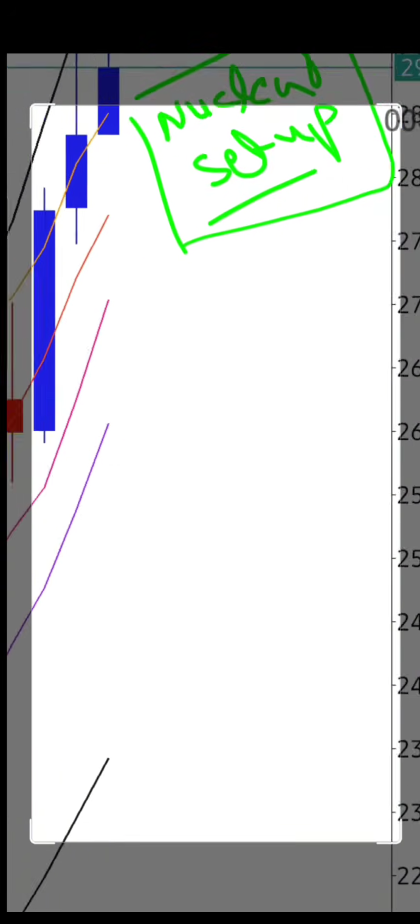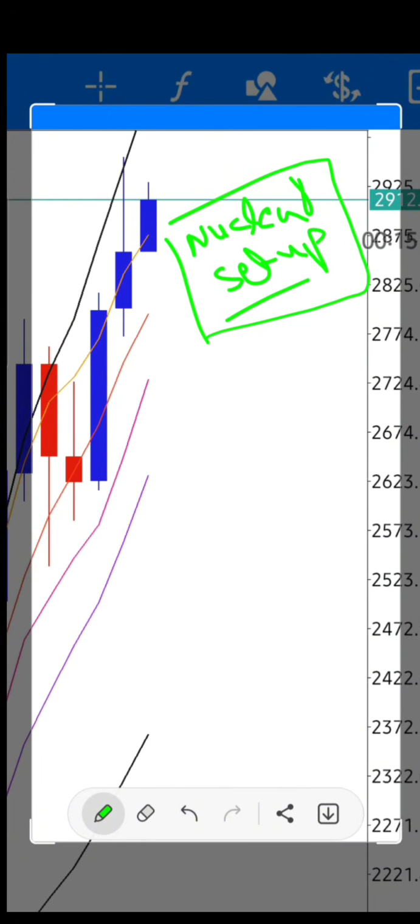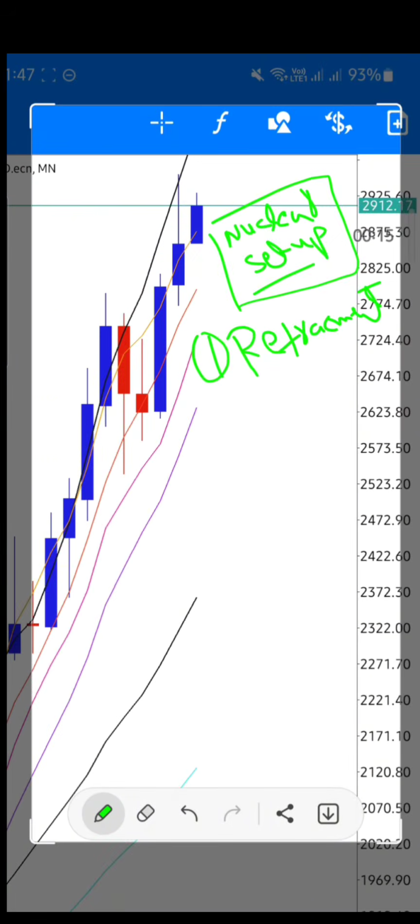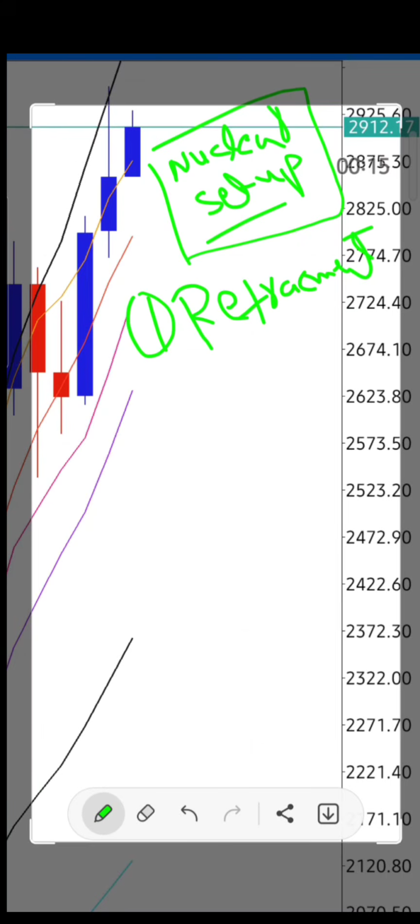Okay, so for the nuclear setup you have to keep in mind one thing: it is a retracement setup. Keep in mind always, it's a retracement setup. It always occurs in a retracement, not in a pro trend.